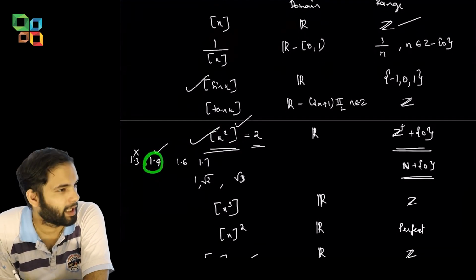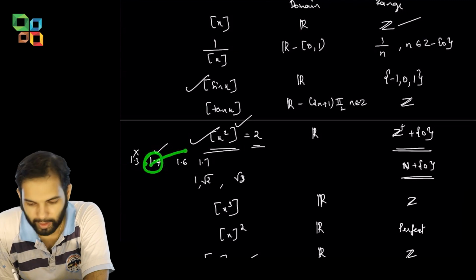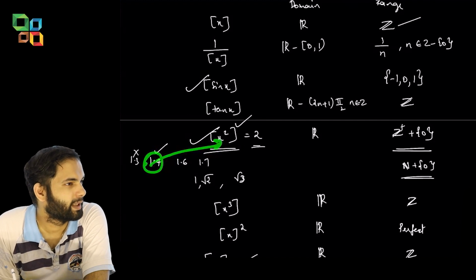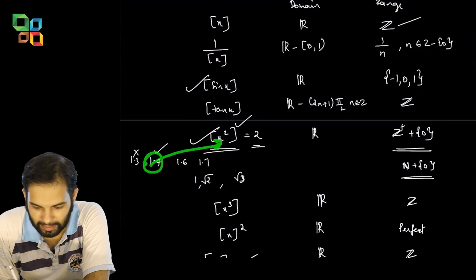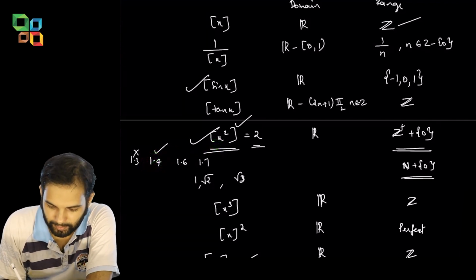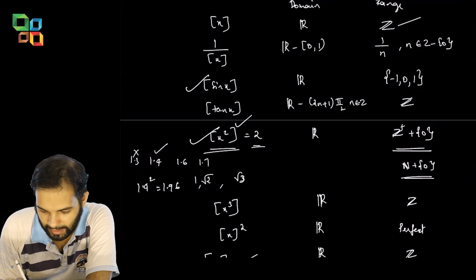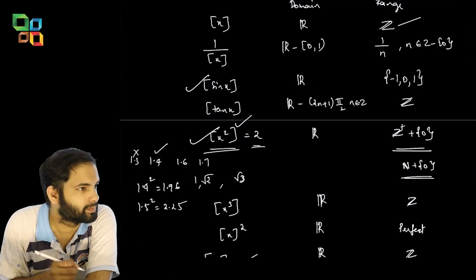At 1.4, what will happen? What is 1.4 square? 14 square is 196, right? So 1.4 square is 1.96. What is 1.5 square? This is 1.96. This is 2.25. Right?